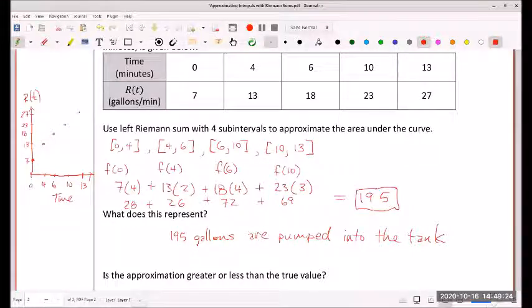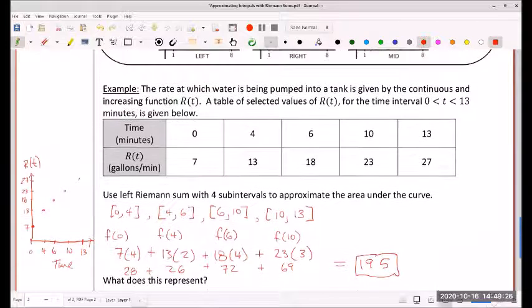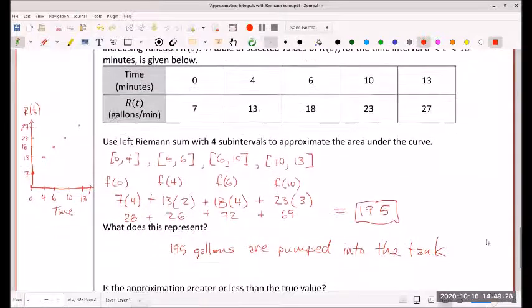Now it says it's a continuous and increasing function, so it might look something like this. And we're using the left Riemann sum. So we're using that rectangle for that first interval, this rectangle for that second interval, this rectangle for that third interval, and finally this rectangle for that fourth interval.